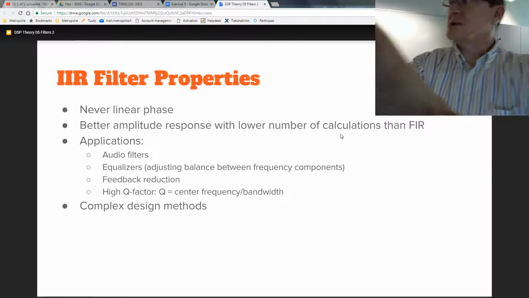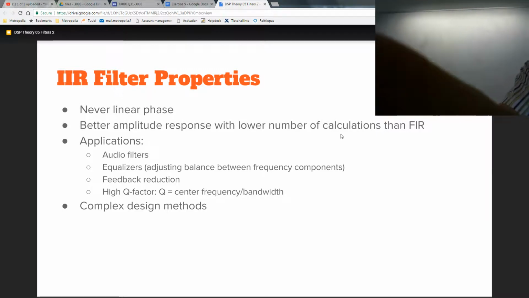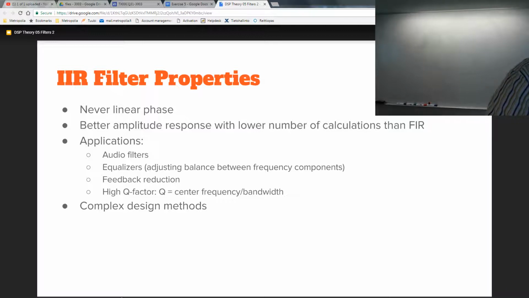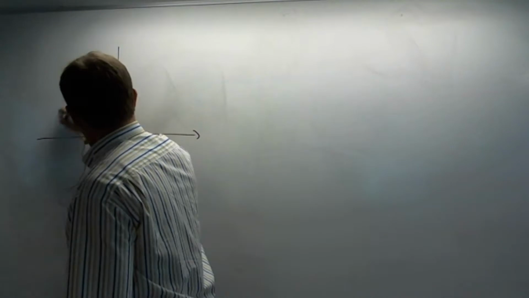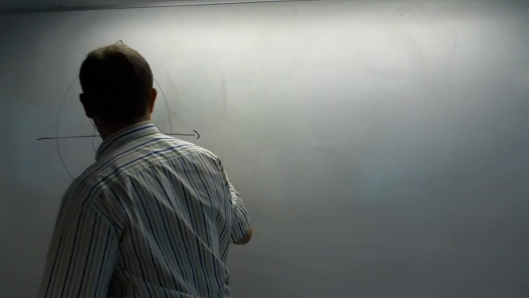I should actually show a couple of things on the white screen about why that is. Remember the complex unit circle.